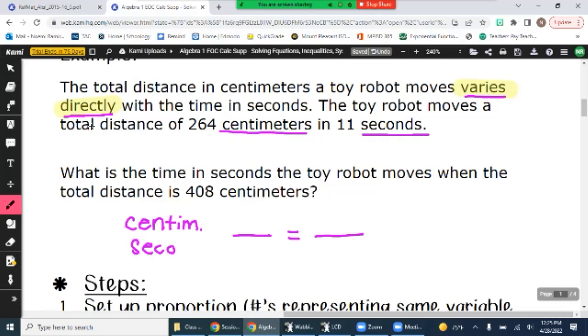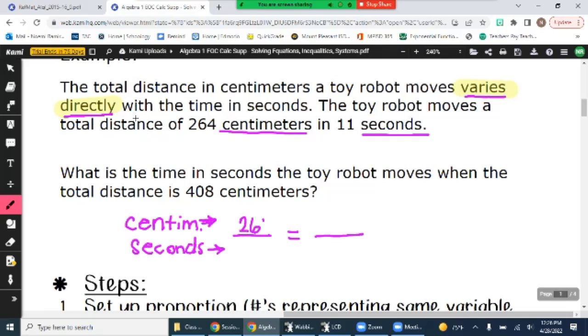So any number that represents seconds is going to go here at the bottom. Any number representing centimeters goes at the top. And you want to fill in your two fractions in order from left to right. So I'm going to take that first number, 264. That represents what? Centimeters. So is that going to go on the top or the bottom? Top.